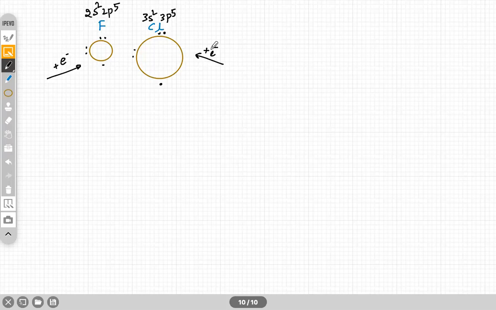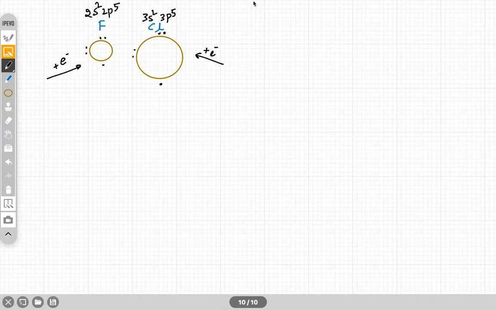Hence, due to the large size of the chlorine atom, the incoming electron experiences very less repulsion, and that is why the electron gain enthalpy of chlorine is more. This happens in the second and third period of elements.